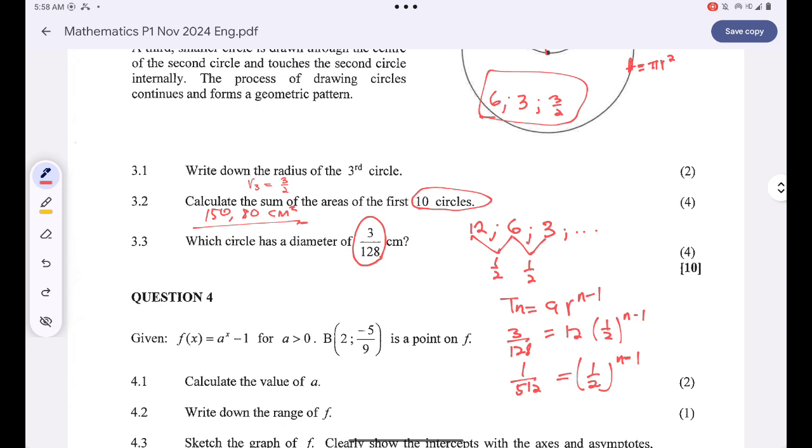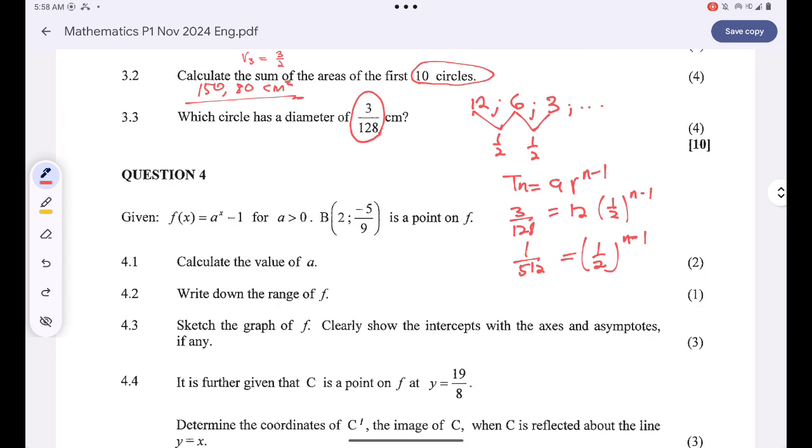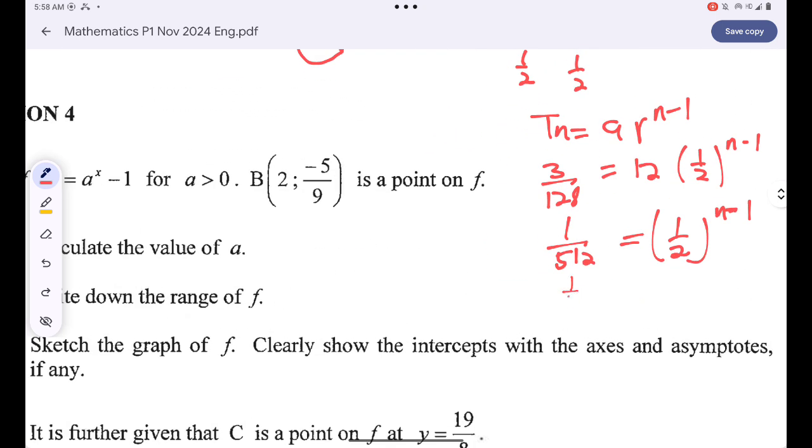How can I write 1 over 512? Isn't it 1 over 2 to the power 9? Let me check. Yeah. This guy over here is 1 over 2 all raised to the power 9. There's 1 over 2 to the power n minus 1.